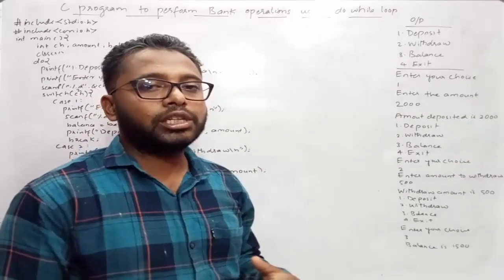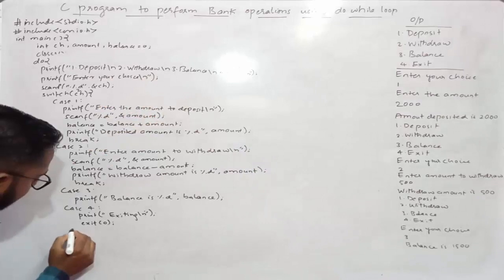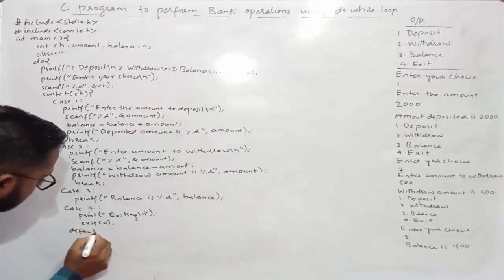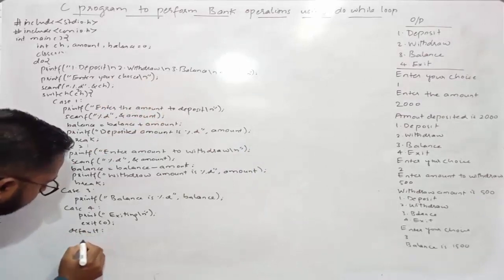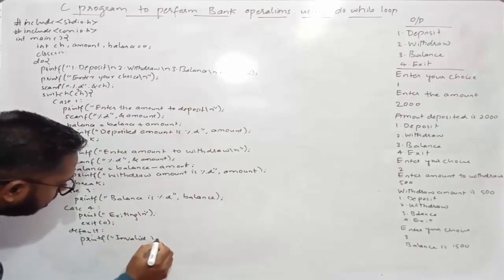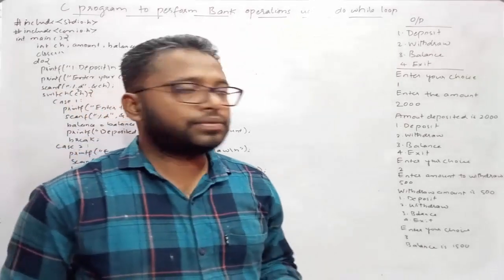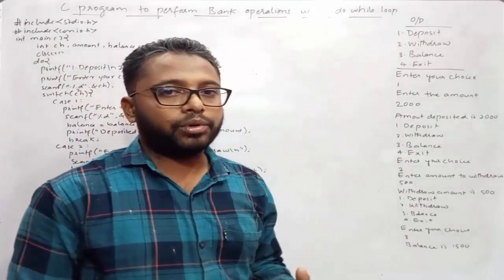Then in that case I should display a message like invalid input. That should come under default. Printf invalid input. So now I have written the cases for all the inputs.